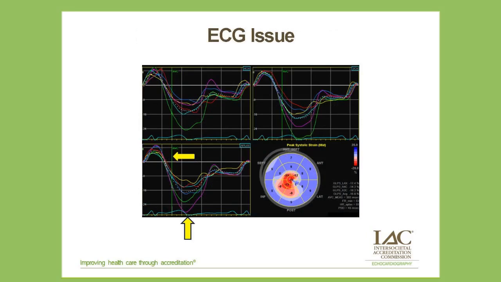So we talked a little bit about EKGs. EKGs can create issues with strain. Here's a good example of one where the sonographer didn't really realize what had happened until after the patient had left, and they were required to measure aortic valve closure with our equipment.